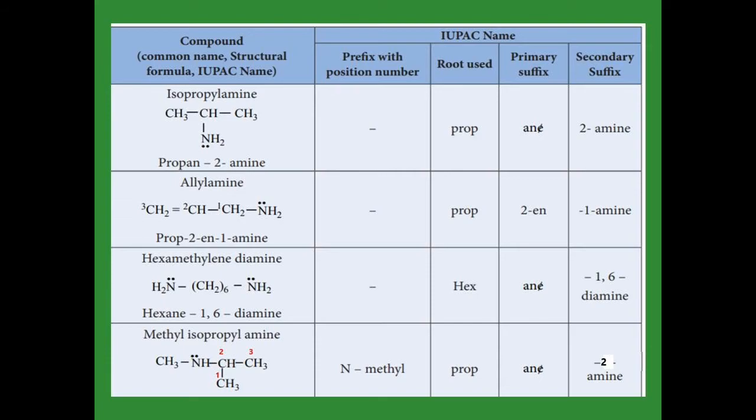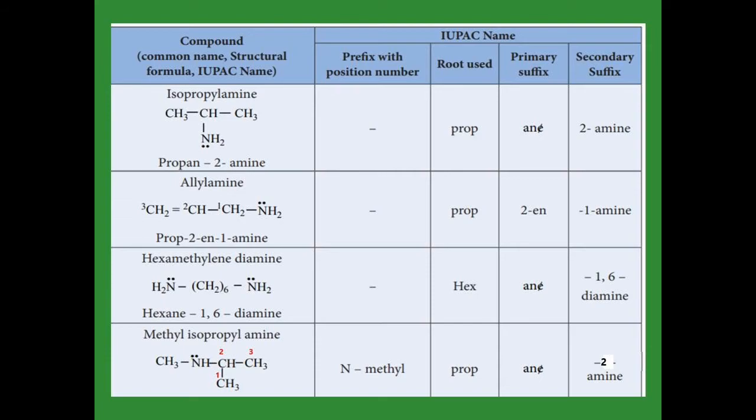Now we are going to see the IUPAC name. Inside the bracket we have 6 carbon, so hex, and there is no double bond. If it were a double bond they would indicate it, but there is no indicator, so it contains single bonds only, so ane, hexane. Then the first carbon and last carbon contain 2 amines.